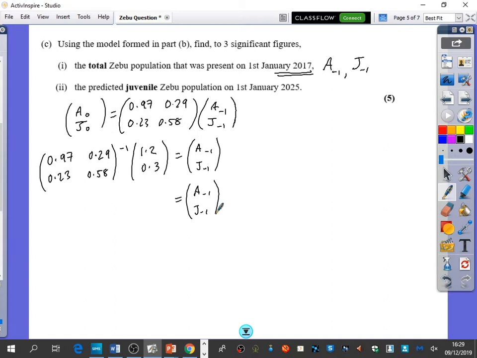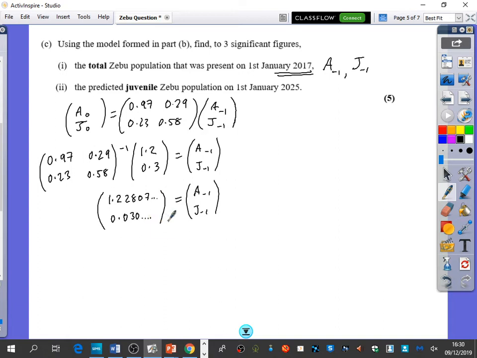Matrix 2 by 2, 0.97, 0.58, 0.29, 0.23, 0.58. So we've got 1.22807 and 0.030 blah blah blah.